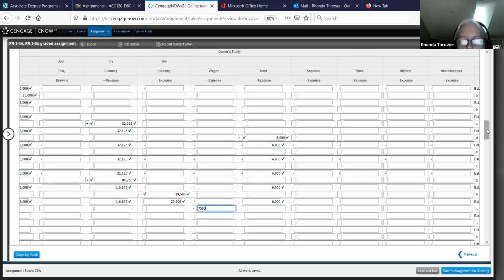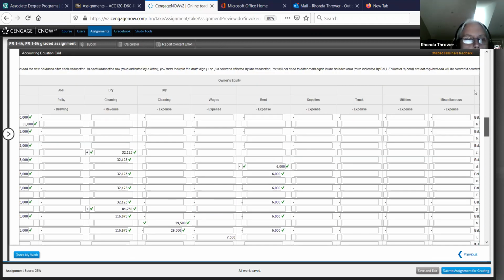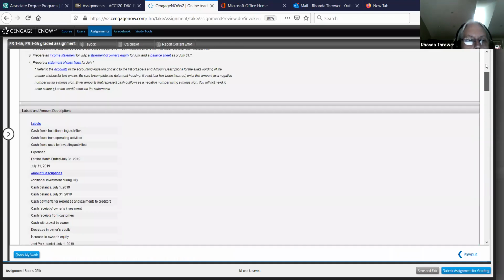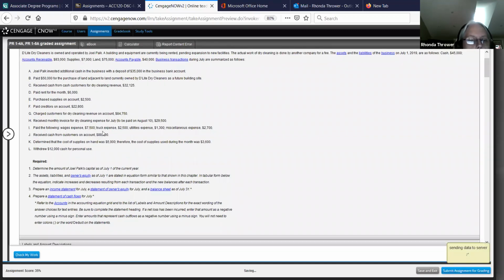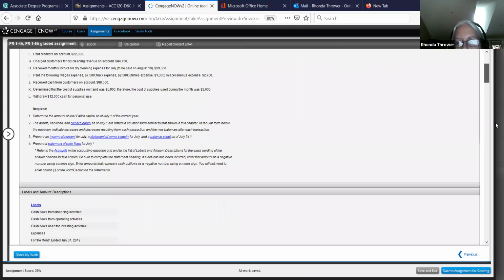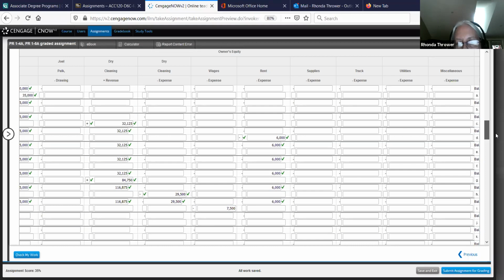And then the next expense for I was truck expense, and my truck expense was $2,500. Put in your minus sign, and then 2,500.